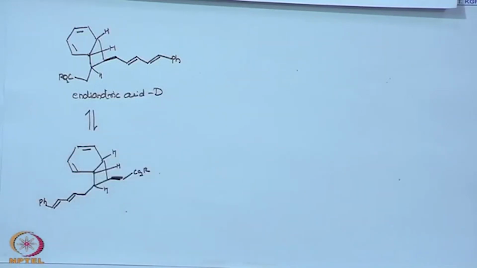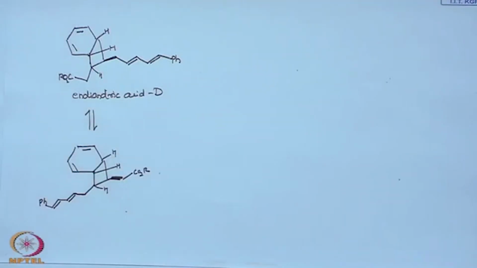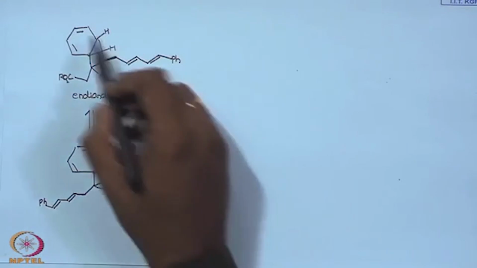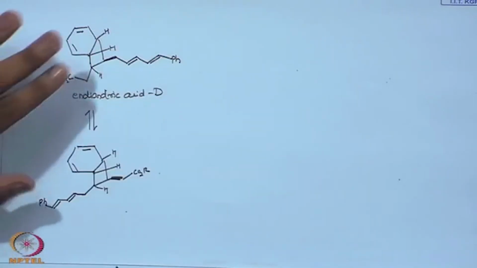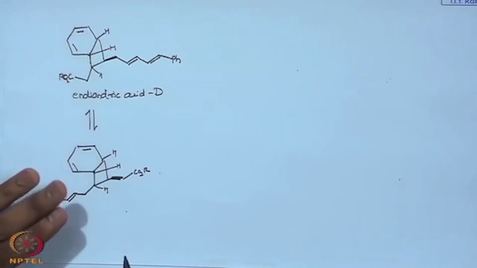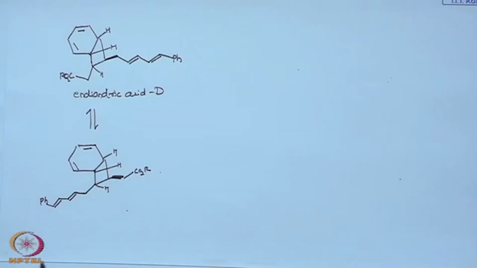Now I ask you a question: among these two, which do you expect will do a Diels-Alder reaction? I have these two. Consider it's an intramolecular Diels-Alder reaction. Whether this will undergo an intramolecular Diels-Alder reaction or this will undergo an intramolecular Diels-Alder reaction.